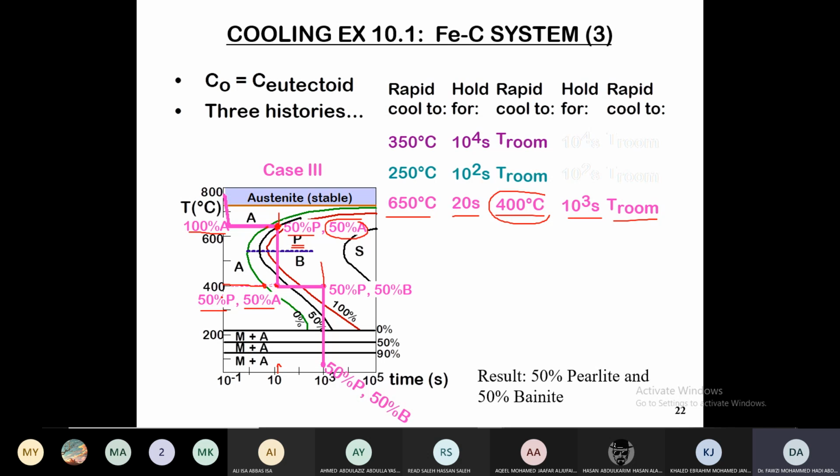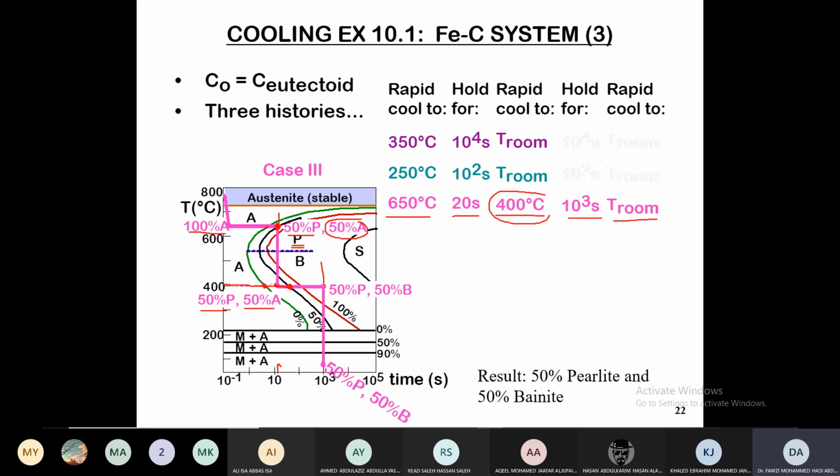Now what is going to transform? Perlite is not going to transform because it is stable. The unstable austenite is going to transform. Now this is the start of transformation. Transformation of what? Of the unstable austenite. As you keep it like that, at this point, 50% transformation of austenite has finished.